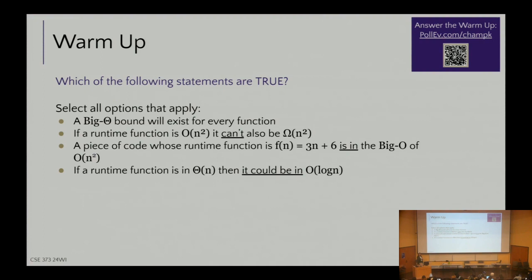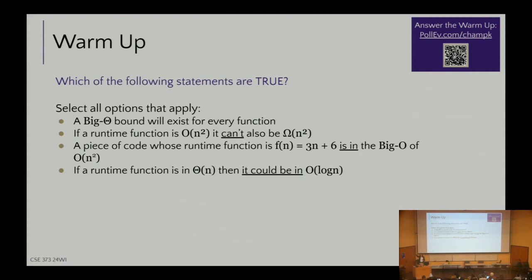Okay, final one. If a runtime function is in theta of n, then it could be big O of log n. So if we know that our function has that fit of linear, can it in any way be upper bounded by log n?